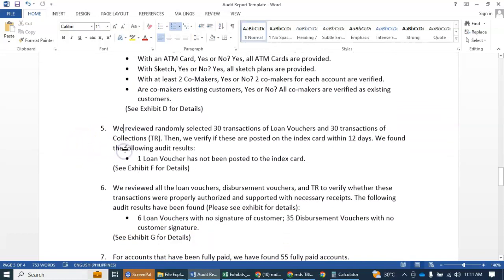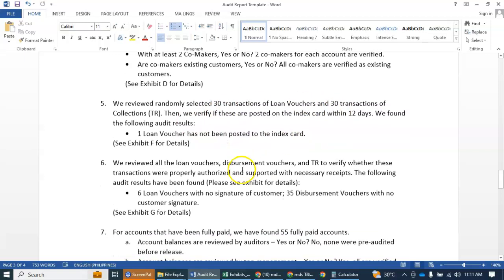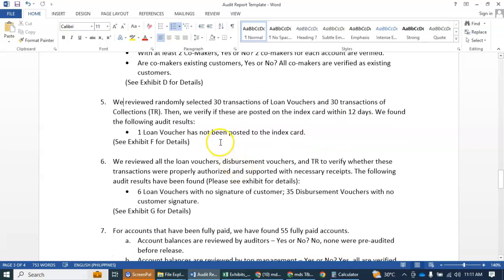Okay, the fifth is we review selected transactions, at least 30 from each branch. Then we evaluate if they are reflected in index cards, and we have a 12-day grace period, like an allowance.